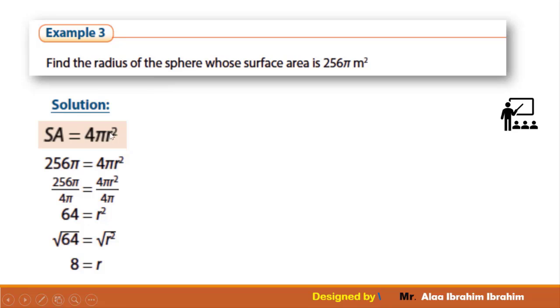To find the radius, I need the radius alone. Anything next to r, I put on the other side with the inverse sign. So I divide by 4π, and to cancel r to the power 2, I take the square root. This is my formula for finding the radius. I think it is easy and clear now, and it makes it one step.